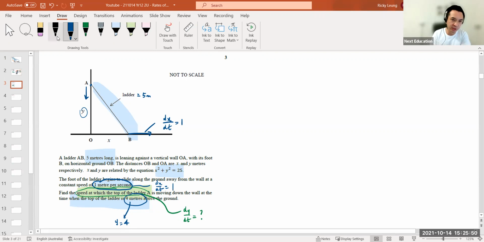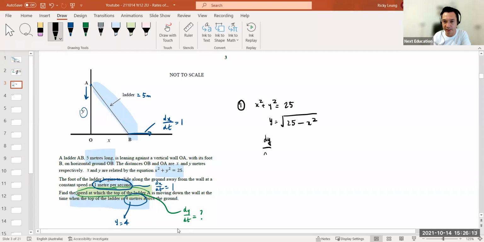So if you were to go traditional, I'll go method number 1. If you go traditional, you start with the Pythagorean equation and you try to, now what do you want? dy dt. So I'm going to make y the subject, and y is always positive because it's a length. Then you differentiate that with respect to time. You go dy dt, bring down the half, minus 1 to the power, so it becomes negative half, multiplied by the derivative of the inside, which is negative 2x.